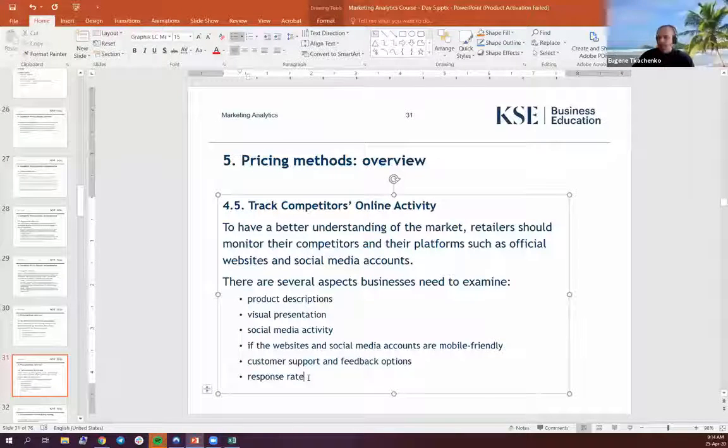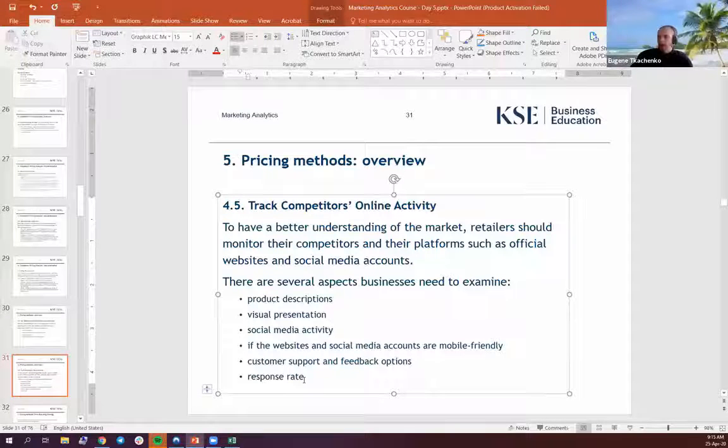So those questions matter. But remember when I was saying that we are trying to facilitate the loop of positive customer experience. So customer support and customer interactions are crucial in that kind of exchange model. You need to make sure that you're also tracking any sort of customer support and feedback options available at the deployment of your competitor, as well as the way they're responding to any questions online, either on social media or on forums.